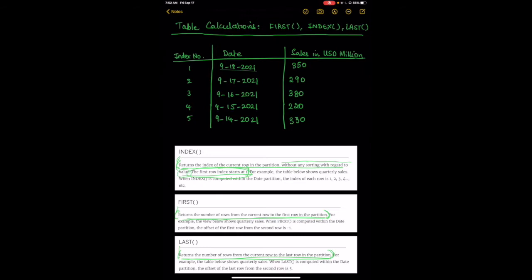So what this means is exactly what we have just discussed, that the first entry is defined as 1, and at the same time these index values do not care for any sort of sorting. We have not sorted data at any point in our table, and that's why these indexes are with regard to just the entry of the data within the data set without any sort of sorting.